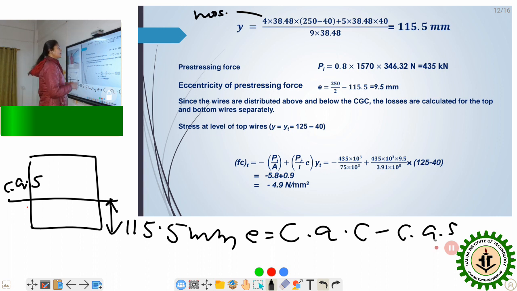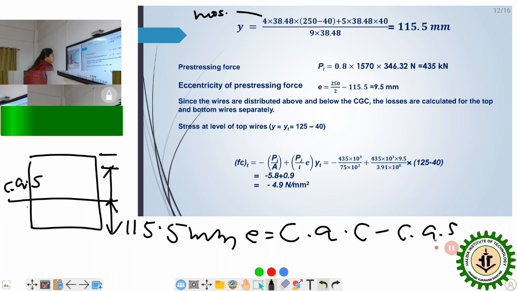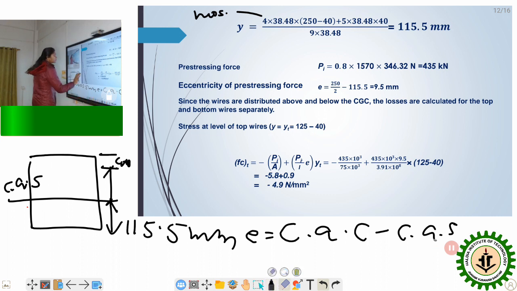Now the y for the top wires is 125 minus 40, measured from the top, where 125 is the CGC and 40 is to the midsection of the tendons.